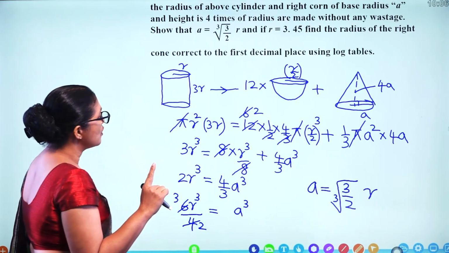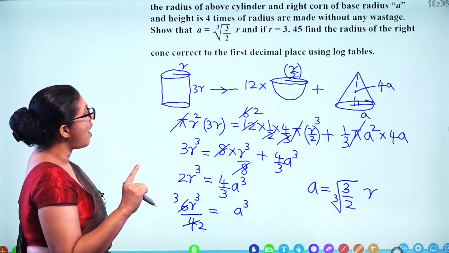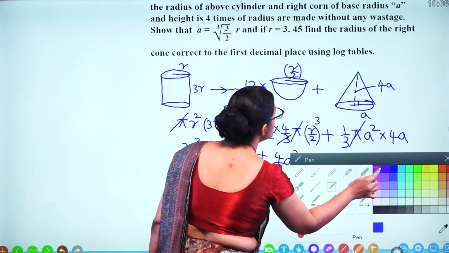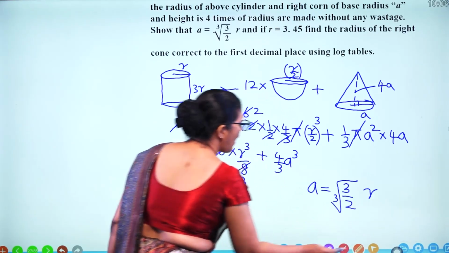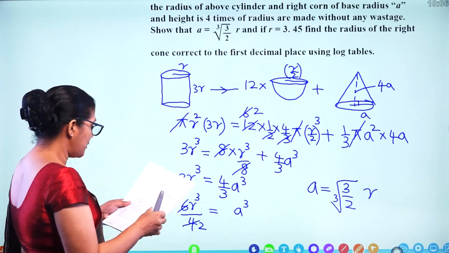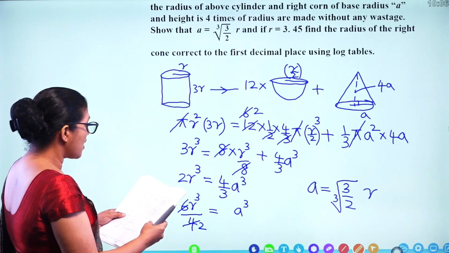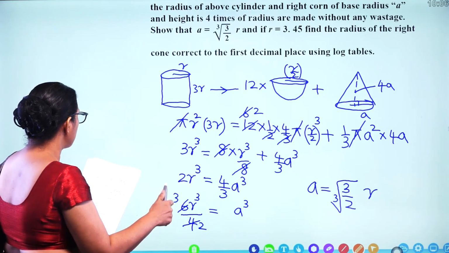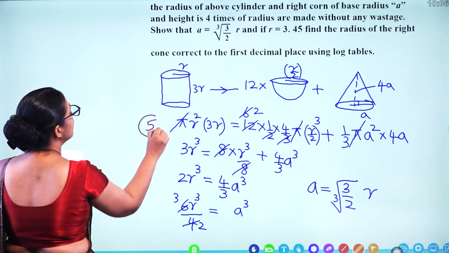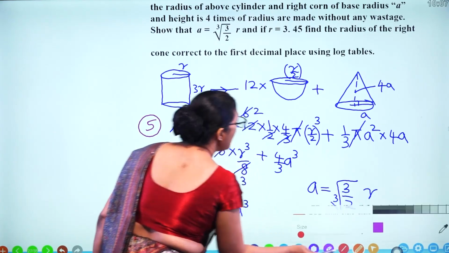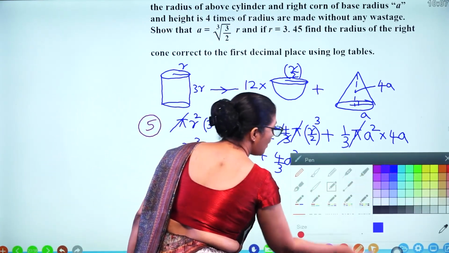So a equals cube root of 3 over 2 r. Then we have to substitute r equals 3.45 and find out the a value. So how many marks for this part? You get 5 marks for proving this. So the next one, we'll take it to the other side and find out the answer.